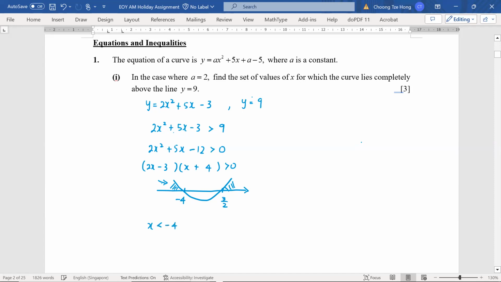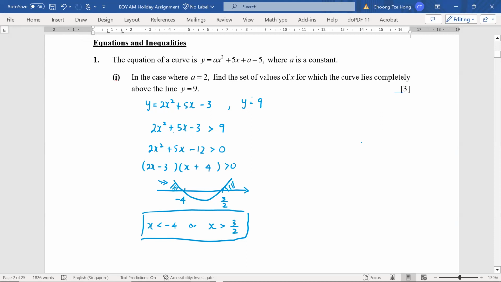In the second region, we have shaded the part to the right of 3 over 2, so it is all x greater than 3 over 2. This would be the final answer, the set of values of x for which the curve lies completely above the line.